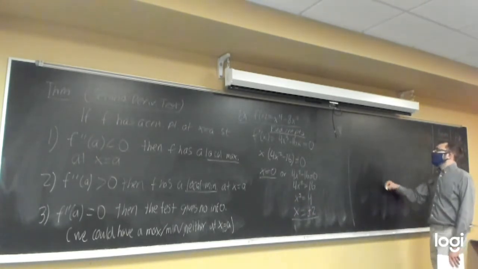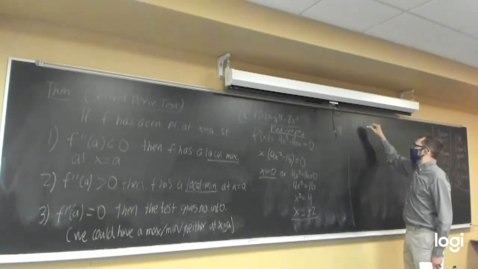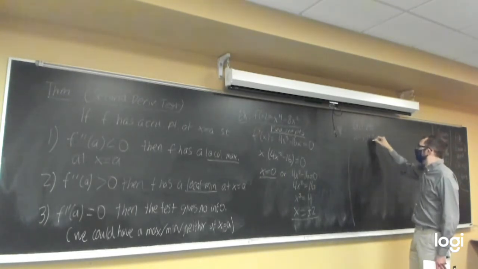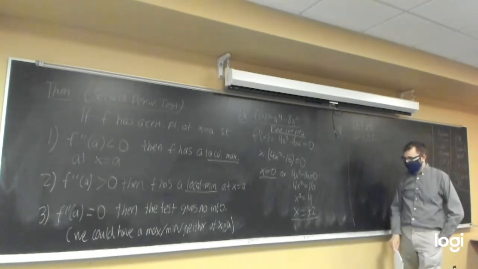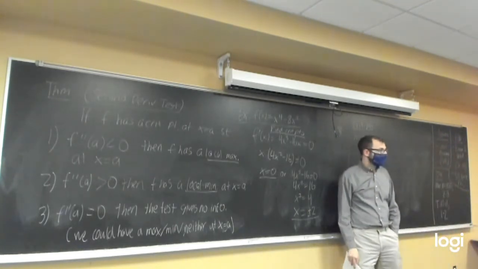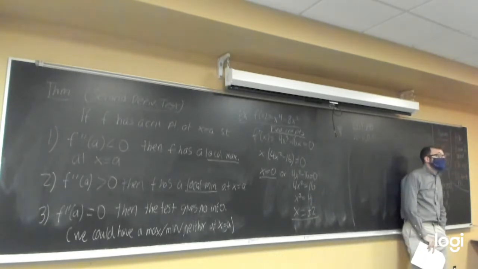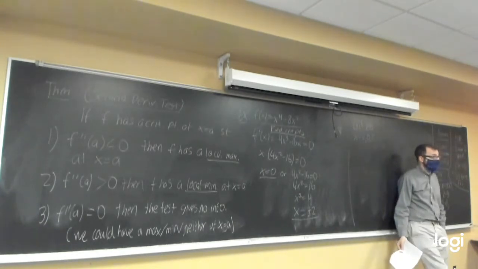So it's going to turn out that we have 3 critical points for this function. We have a critical point at negative 2, 0, and at x equals positive 2. So we have 3 points at which we could potentially have a local max or a local min.